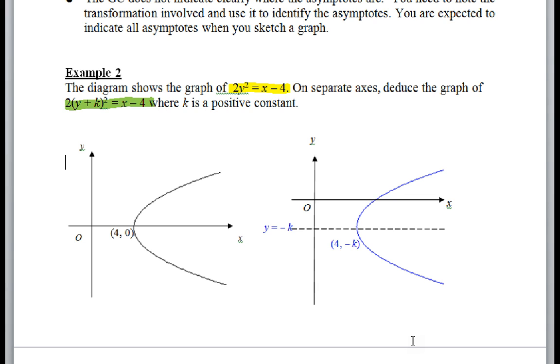The reason why I put the dotted line here is to tell ourselves that there is a line of symmetry. It's not an asymptote, it's just a line of symmetry. Follow? So instead of 2 bracket y plus k squared, the translation will be the same.